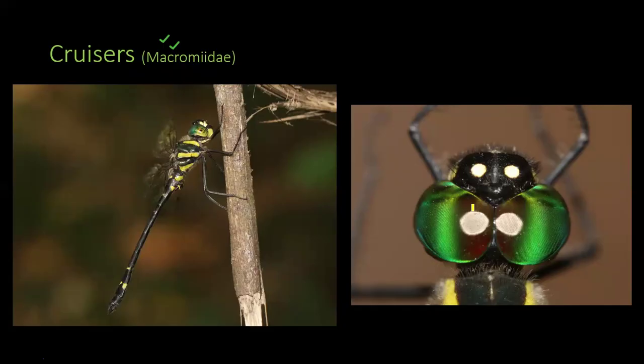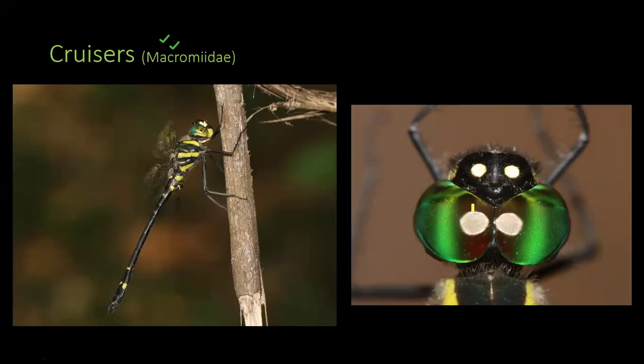They do have eyes touching, but only part of their eyes touch each other, and they are also medium-sized dragonflies. The main character is that, unlike most other groups discussed earlier among dragonflies, they have metallic colored bodies, and their eyes usually have a metallic reflection, metallic blue or metallic greenish.